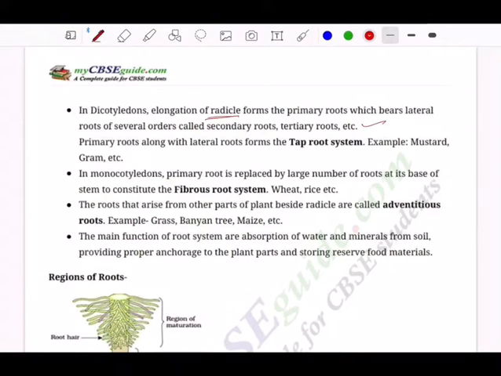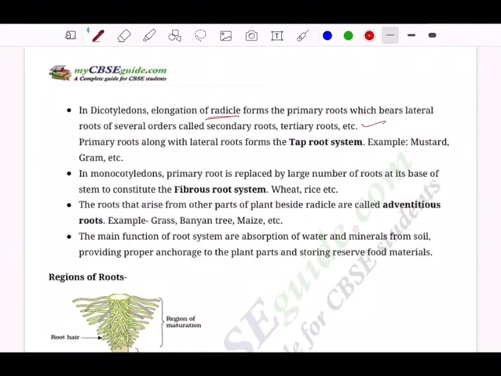As the embryo starts germinating, it produces two parts. One that goes towards the soil, that's the radicle. One that goes above the soil towards the sky, that's the plumule. The radicle becomes the root, which can have primary, secondary and tertiary roots.